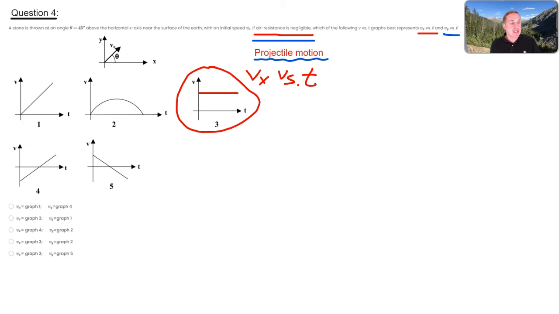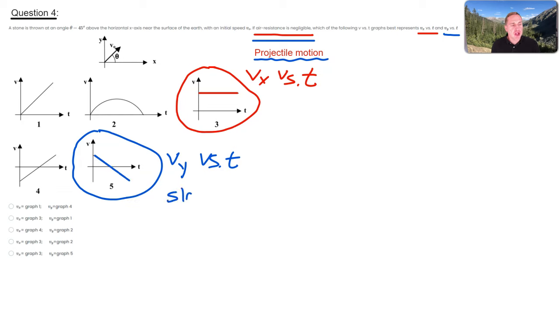So what graph looks like that? That's going to be this one, graph number 5. That's Vy versus t. Also note that the slope of this graph is constant, so it's a slope that is negative and constant.